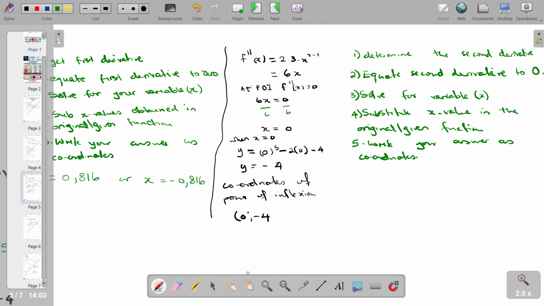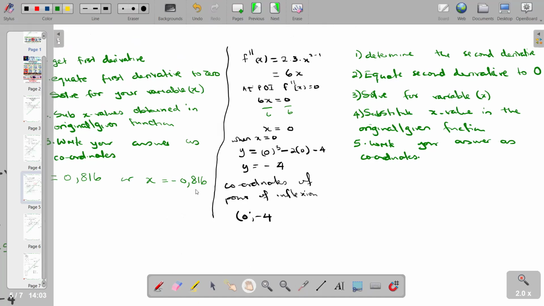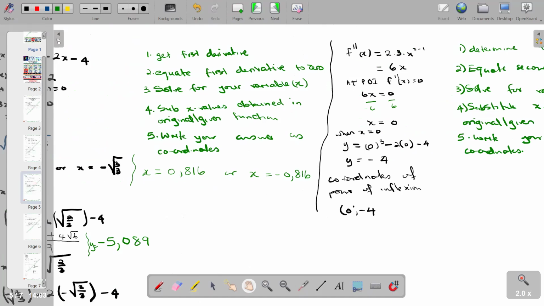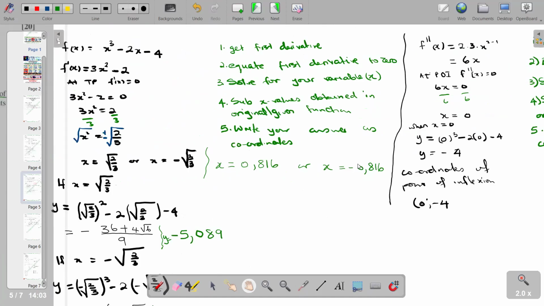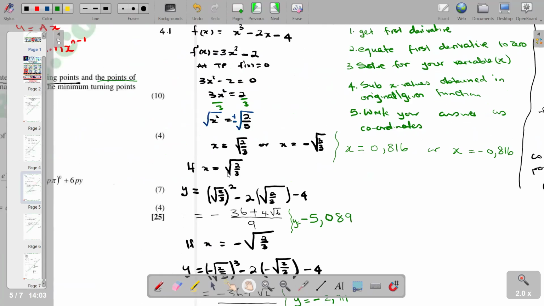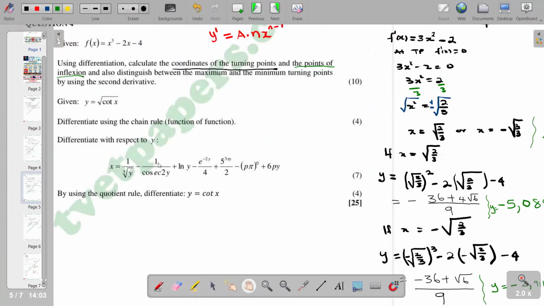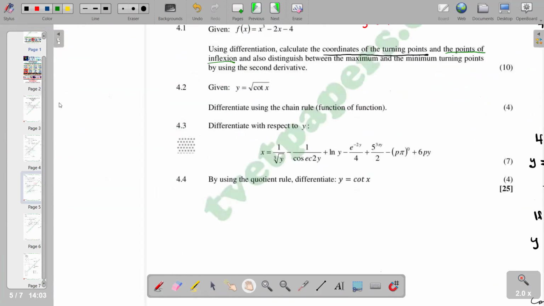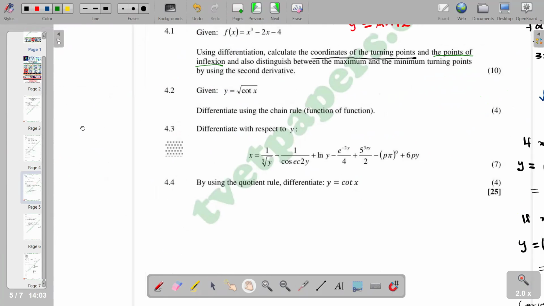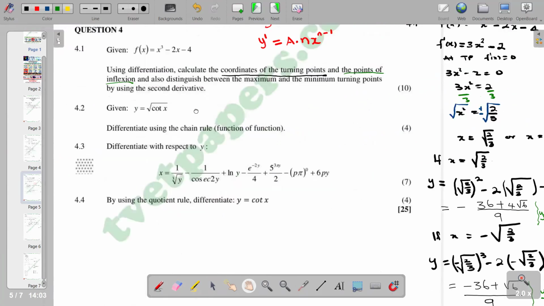Then let's go to the question. What again was needed? And also distinguish. Let's go to that, the last part.